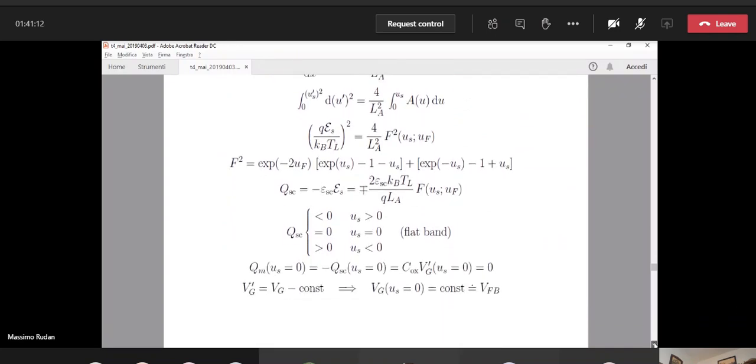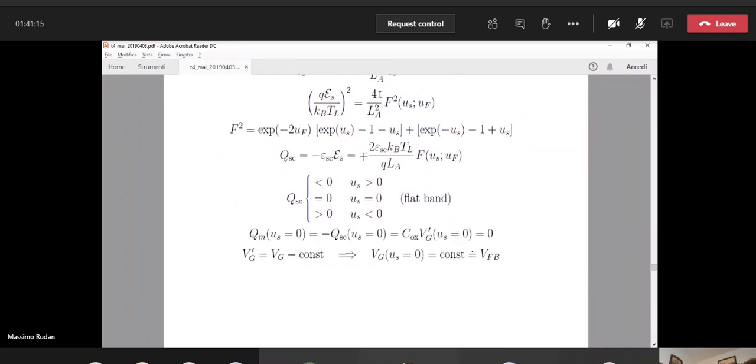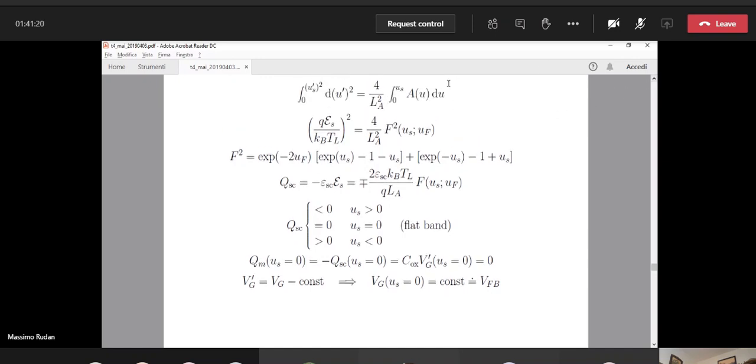What is this function f squared here? Well, you simply integrate here and you find it. Okay, so f squared is equal to exponential of minus 2 times uF. That multiplies exponential of us minus 1 minus us, plus another term, exponential of minus us minus 1 plus us.